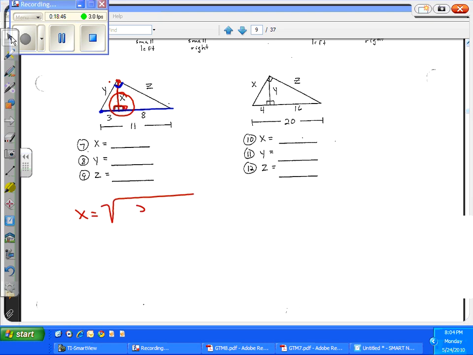Altitude x is equal to the square root of piece times piece. And either leg is the geometric mean between the hypotenuse and the piece of the hypotenuse adjacent to that leg. So y is equal to the square root of hypotenuse 11 times piece closest to it 3. This leg z is the geometric mean between the hypotenuse 11 and the piece closest to it 8.